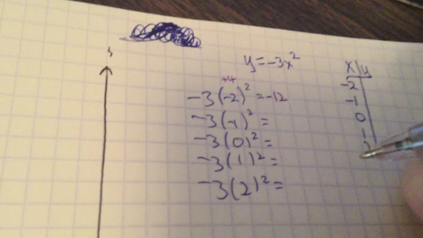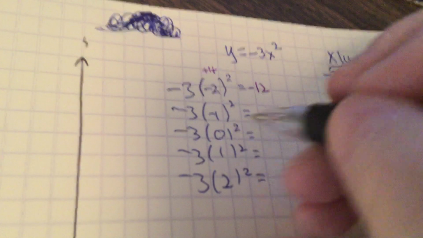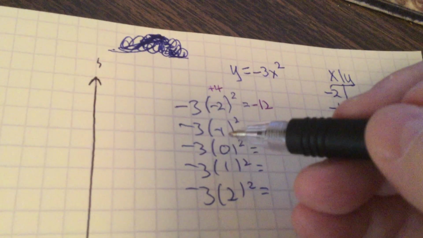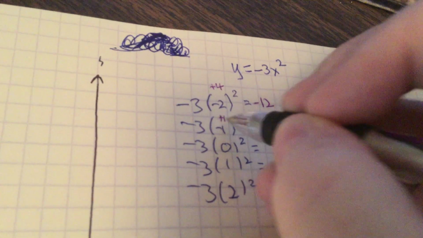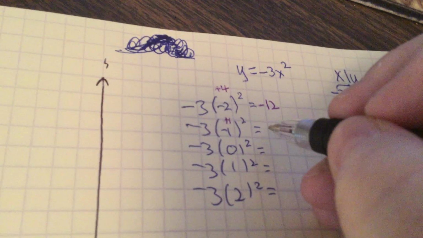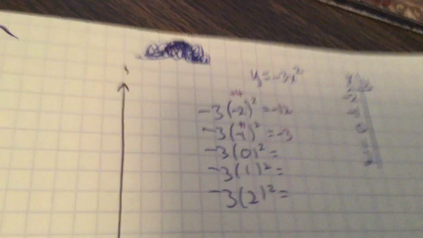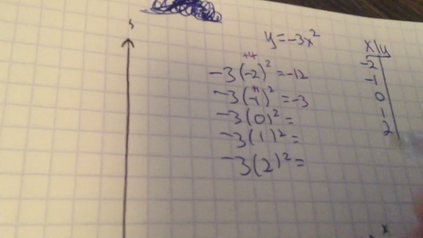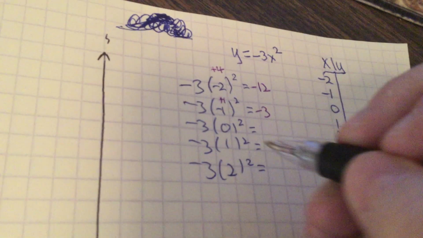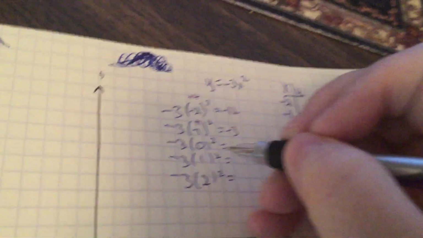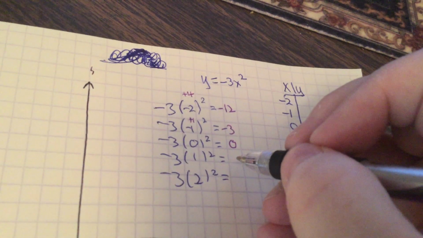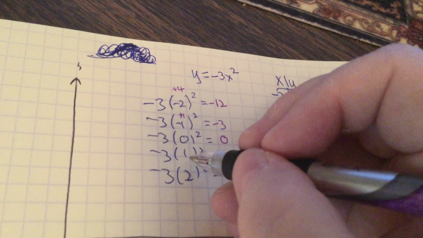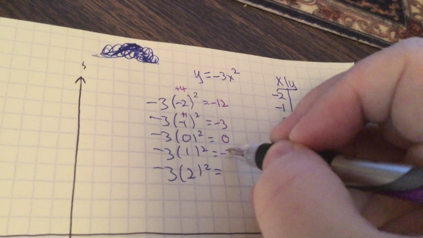A lot of you guys were putting 6 for that one. -1 times -1 is +1. And +1 times -3 is -3. 0, the great equalizer. Everything times 0 is 0. So that's going to be the easy one. 1 times 1 is 1, but times -3 is -3.